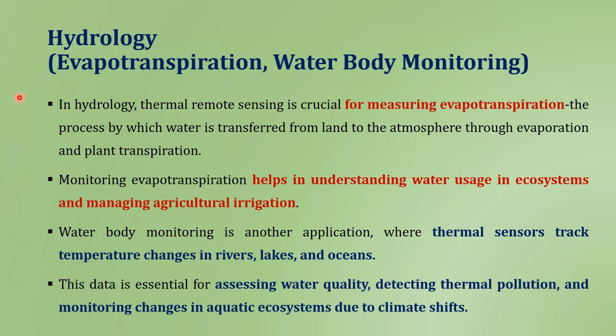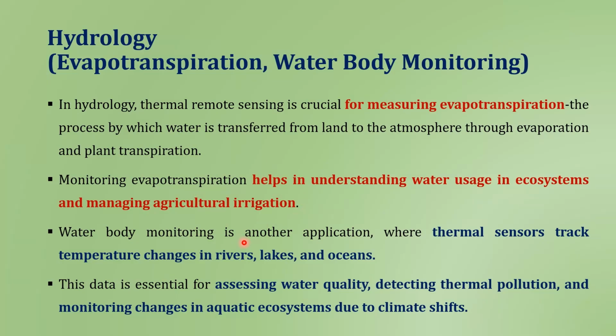Thermal remote sensing can also be useful in hydrology for measuring evapotranspiration and water body monitoring. So, evapotranspiration is the process by which water is transferred from land to the atmosphere through evaporation and plant transpiration. Monitoring evapotranspiration helps us in understanding the water use in ecosystems and managing agricultural irrigation.